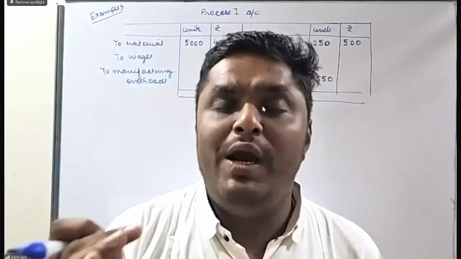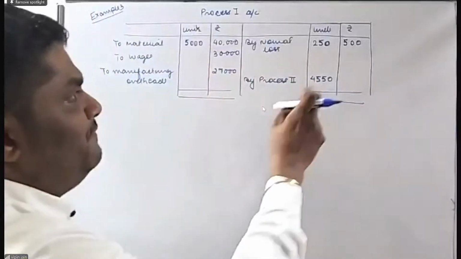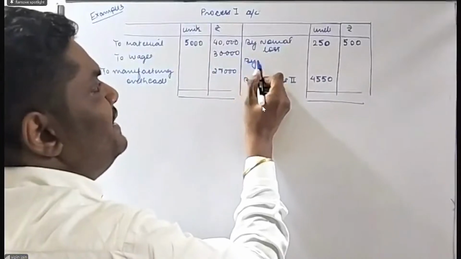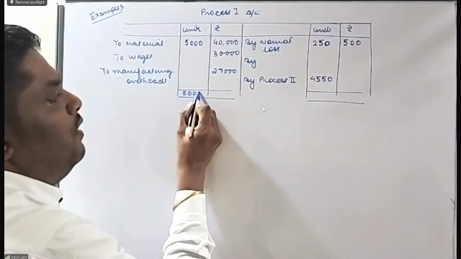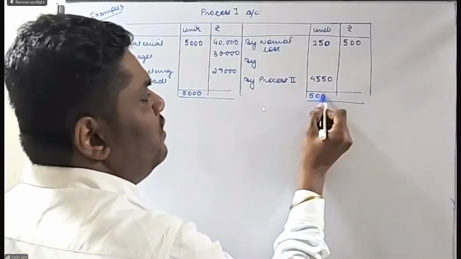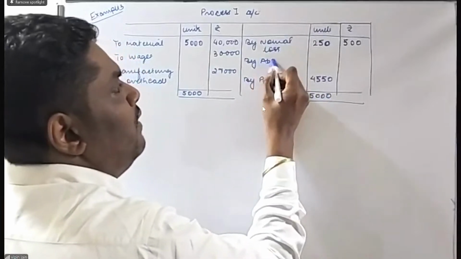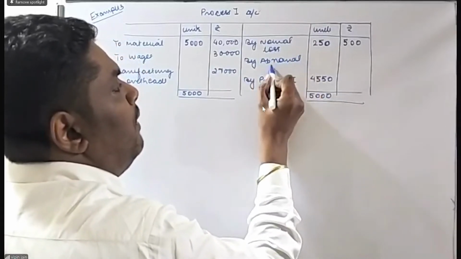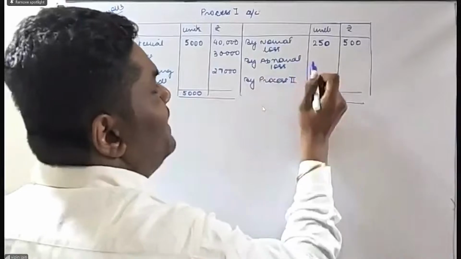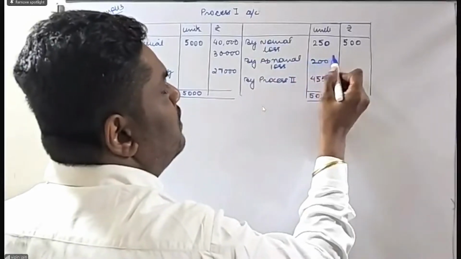However, my actual output is only 4550. So it means there is an abnormal loss also. You can keep it as a balancing figure, abnormal loss, that is of 200 units.